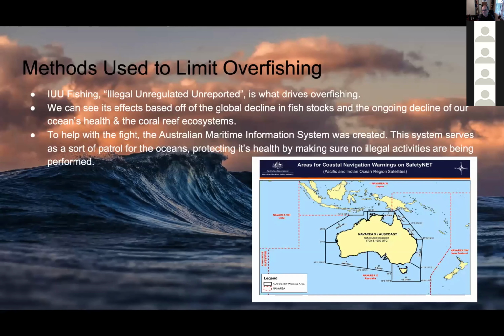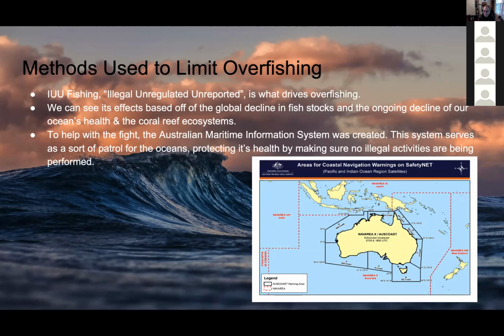And methods used to limit overfishing. One of the main sources of overfishing is IUU fishing, which stands for illegal, unregulated, and unreported fishing. An example of this would be big commercial fishing ships off a country's coast, on the country's marine borders, that are not abiding by the fishing regulations set by the specific country.